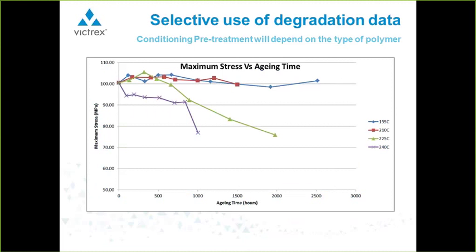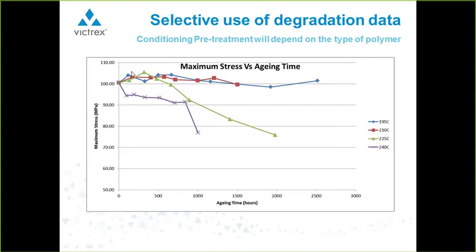I mentioned a few moments ago how the beginning of the curve is rather confusing at some points in time. And as I mentioned, with a semi-crystalline material such as PEEK, you do get aging effects which happen at the beginning of the test because it's being annealed effectively at high temperatures, but it's also absorbing hydrocarbon fluid.